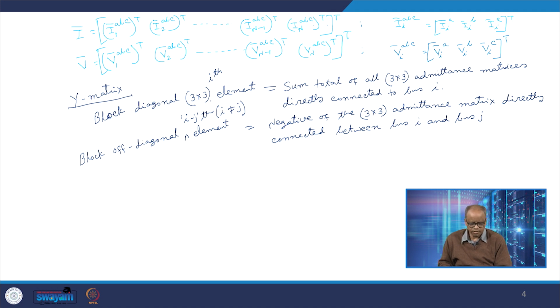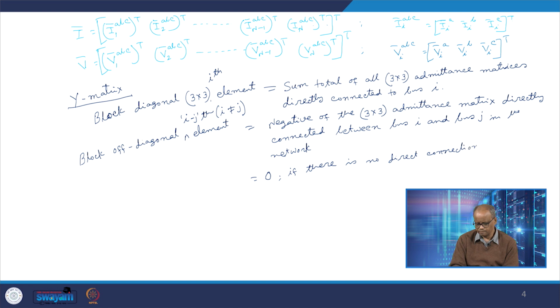of the 3 cross 3 admittance matrix directly connected between bus I and bus j in the network, and it would be 0 if there is no direct connection between bus I and bus j.